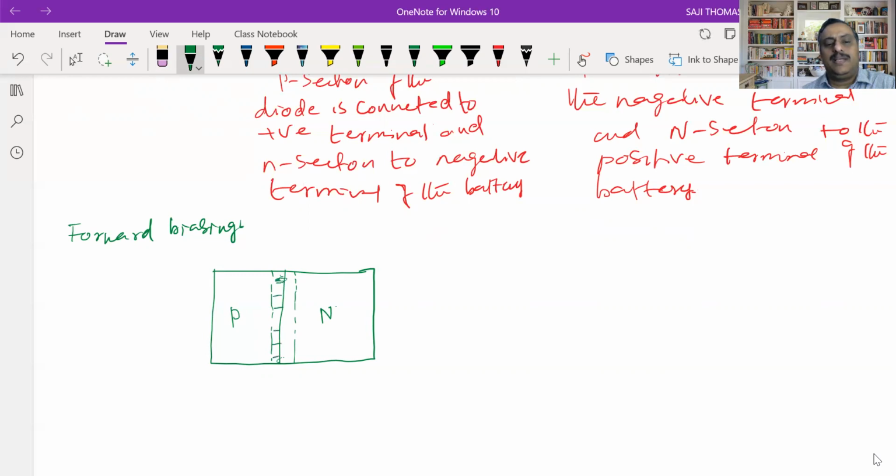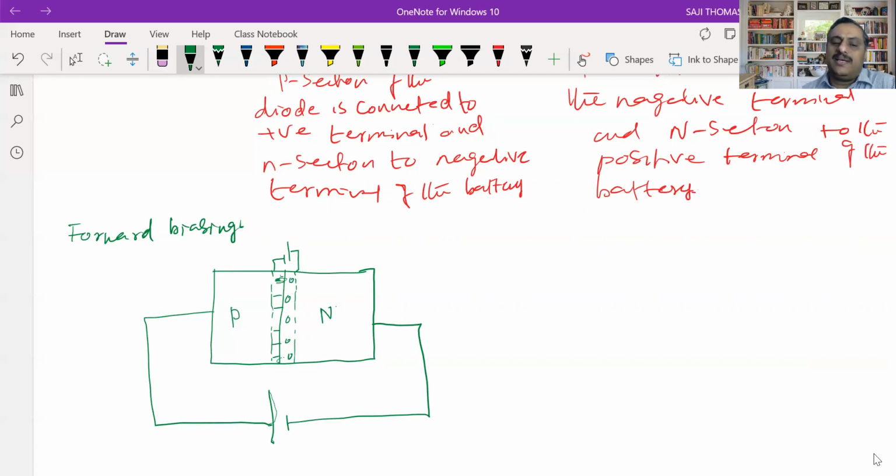This is a depletion layer. Here there is a potential barrier. Now the P section is connected to the positive terminal of the battery, and the N section is connected to the negative terminal. This is forward biasing.